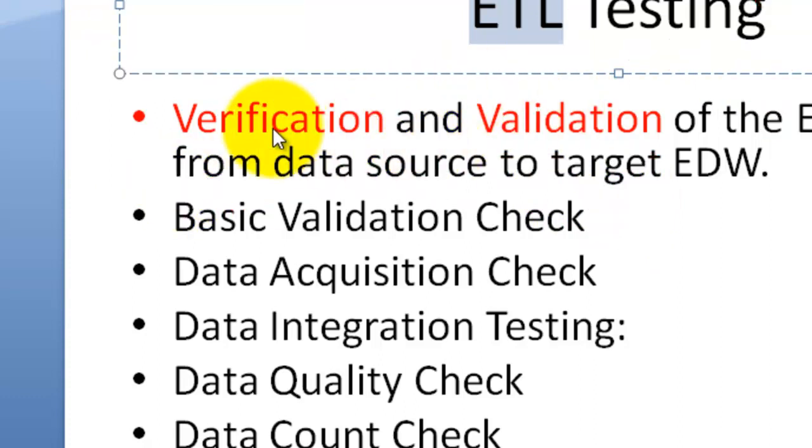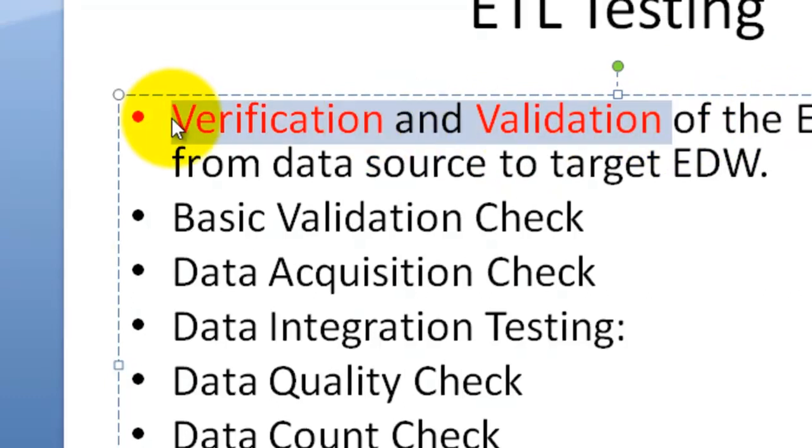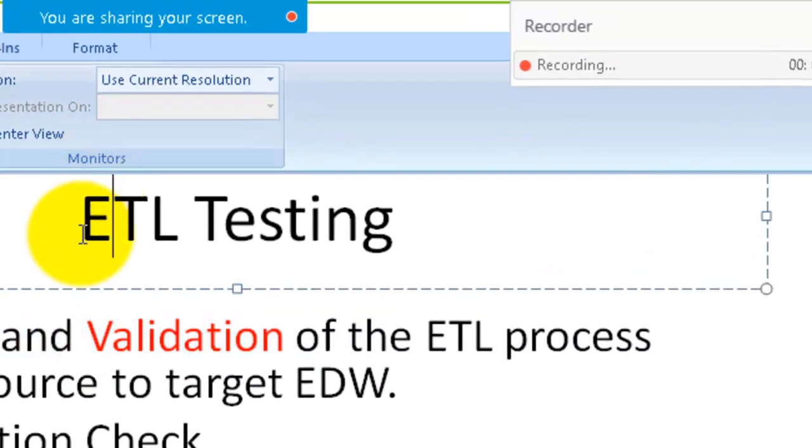Verification means to check the data that we are getting, and validation means to make changes if that data is not satisfying the need. If we perform verification and validation after implementing the ETL process, we call that ETL testing.